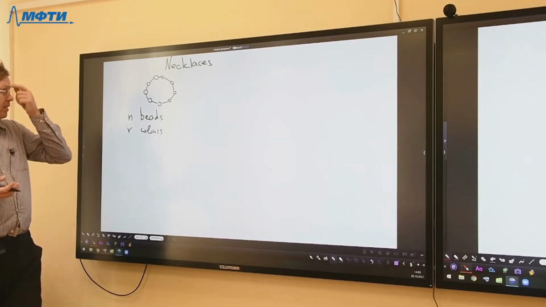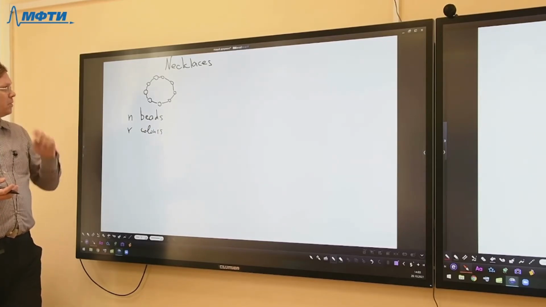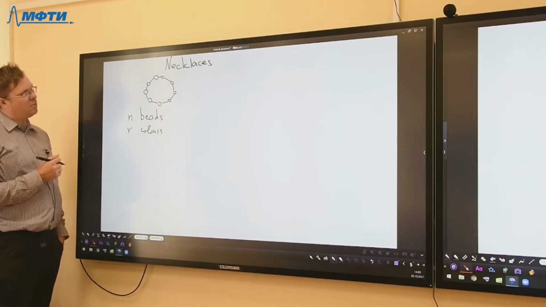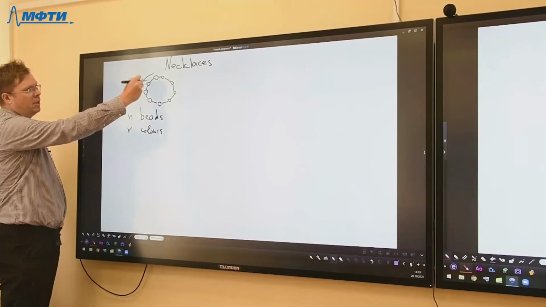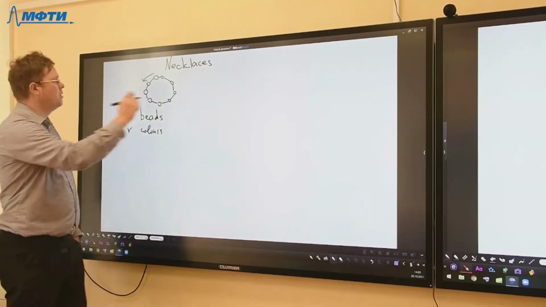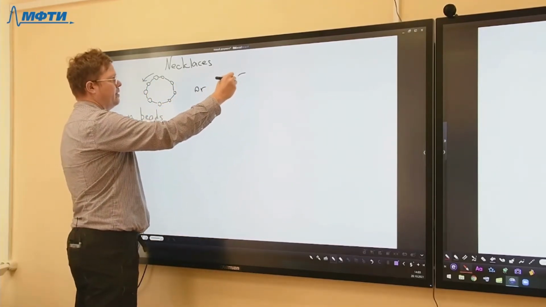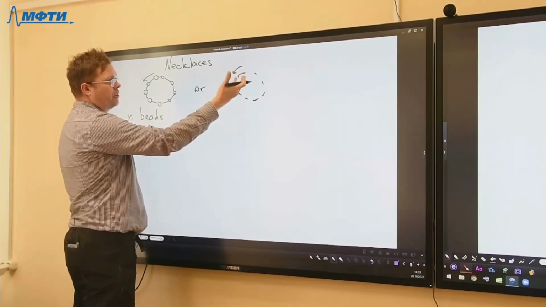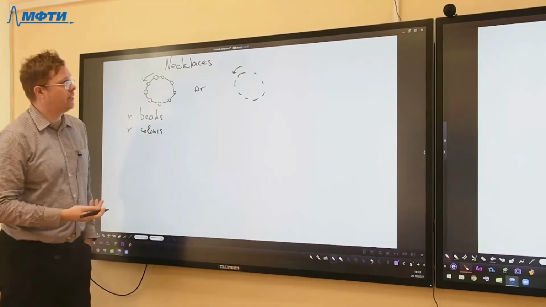The simple form is just that we can rotate them, or we can rotate them and make a symmetry, so we can turn it to the other side.